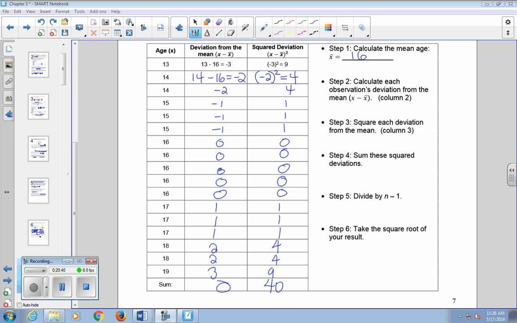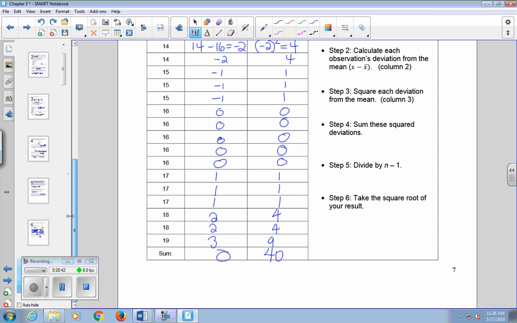Okay, so at this point, we've done several steps of our formula. We're going to take the square root of the sum of all the squared deviations, that's our numerator inside the square root. And the next step is to divide it by n minus 1.